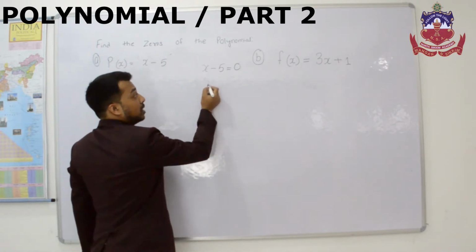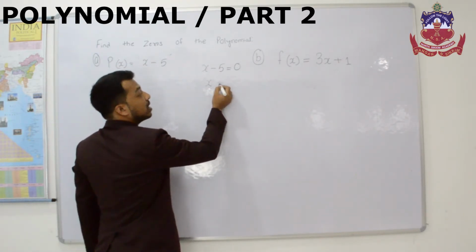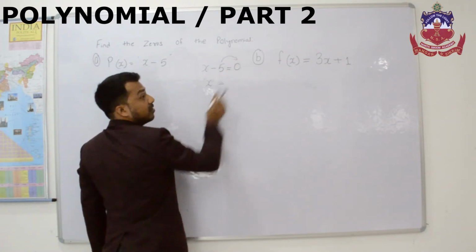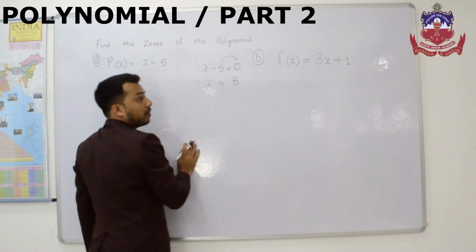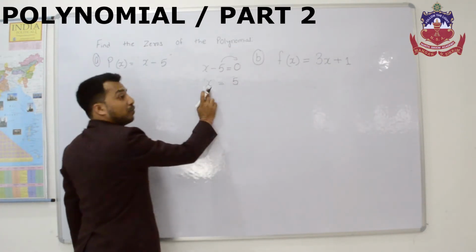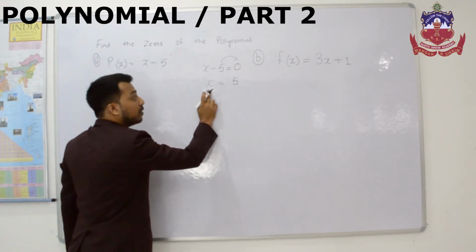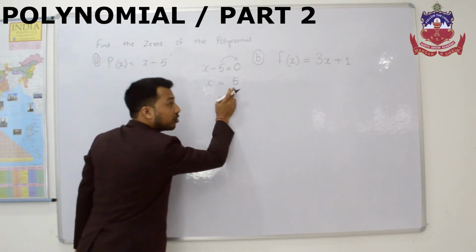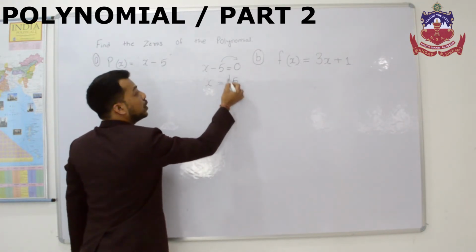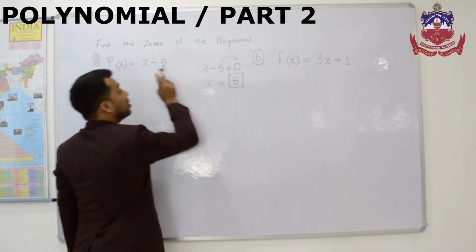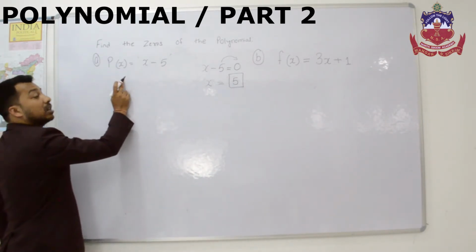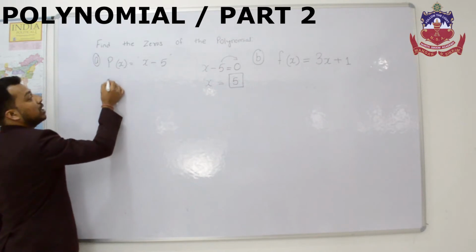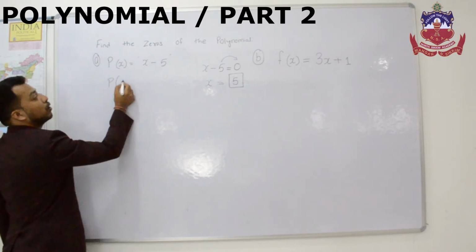You keep the variable on the left hand side and take the numbers to the right hand side. So, the minus will go to the right hand side as positive 5. So, the value of x, or we can say the value of the variable, has been found as positive 5. This value which we have found, we will substitute in the question, that is p(5).